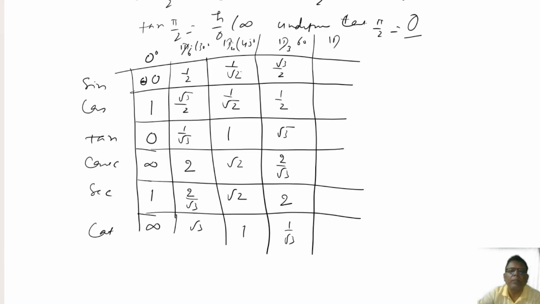Then come to pi by 2, that means 90 degree. So for 90 degree: 1, 0, undefined. So what will be the cosec? 1, sec is undefined, and cot is 0.